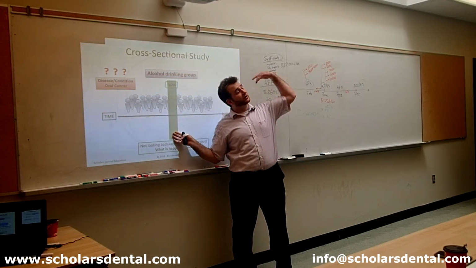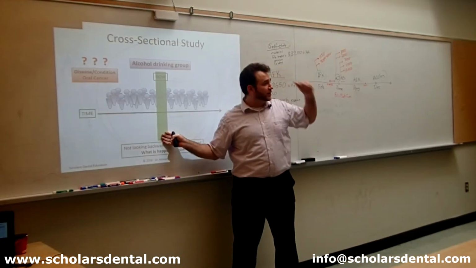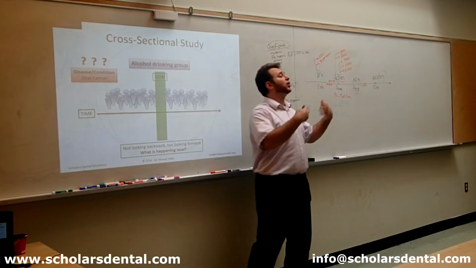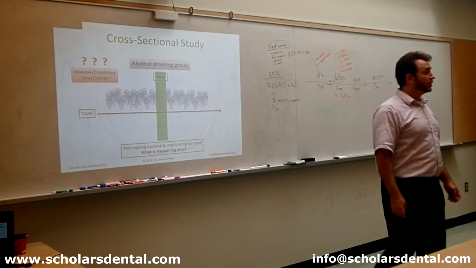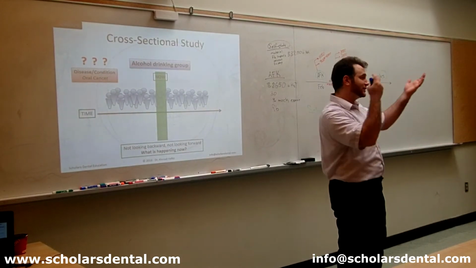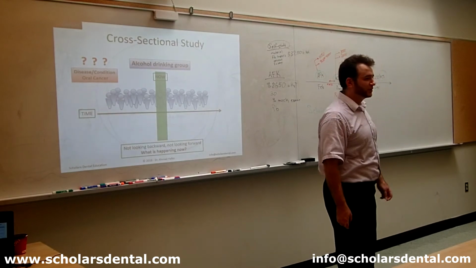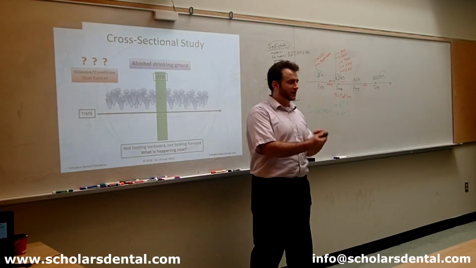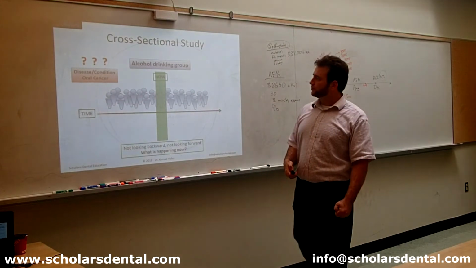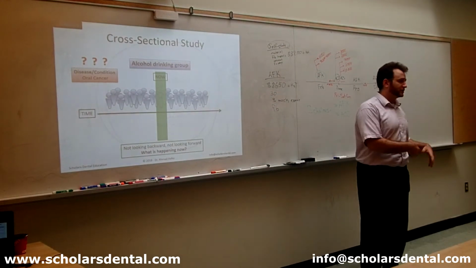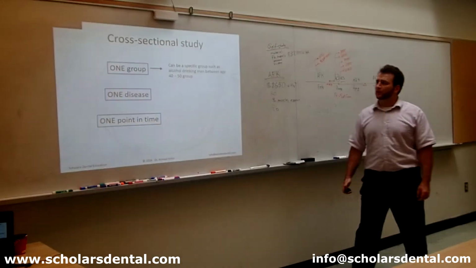You know someone else, maybe 2 years ago, did another cross-sectional in non-alcohol drinking men from the same age. If you compare both, you could analyze and come out with some sort of risk factor, right? So that's why it could be used to analyze, right? But it's descriptive and could be used to analyze it. It's used in a specific situation.